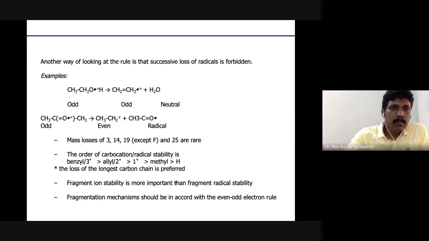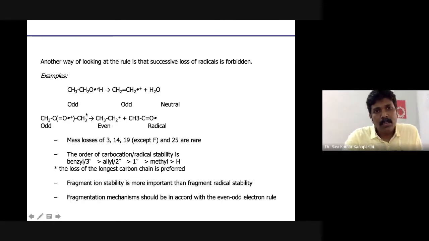And the best example is this type of molecule. There is a small problem with regard to the writing or representation of the molecular ion. It is supposed to be on top of this heteroatom. So this is basically an ethanol molecule, and please note down, the ethanol molecular ion is the odd electron species.